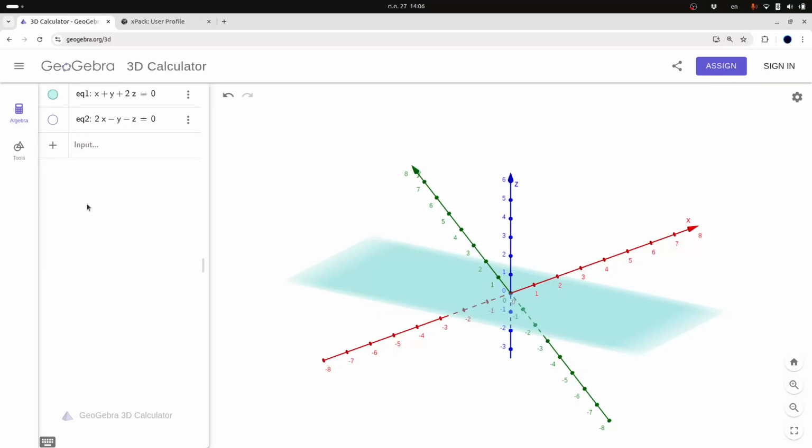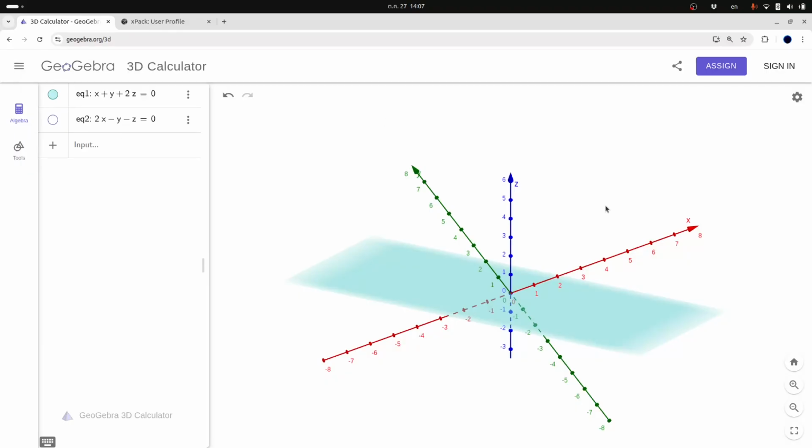But you can basically set two. If you set two variables, the third variable can be computed from the first two. So if you set x and y, you can solve for z.